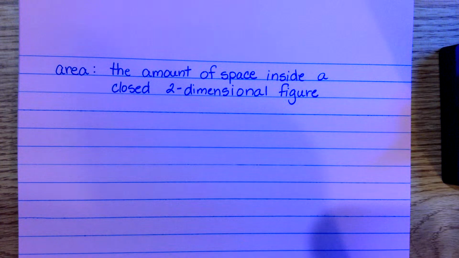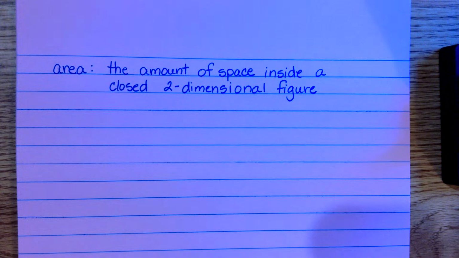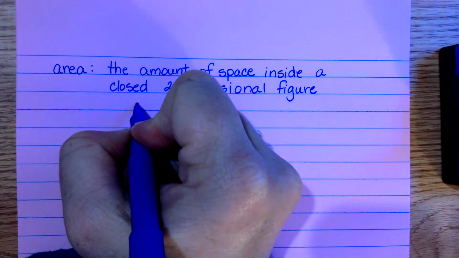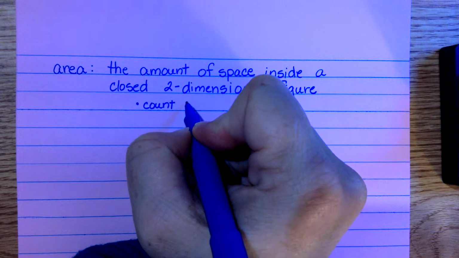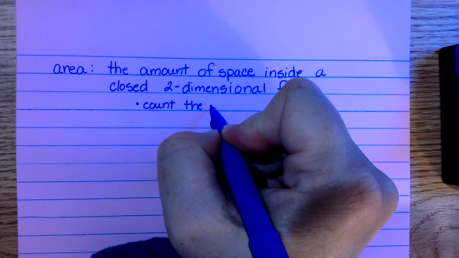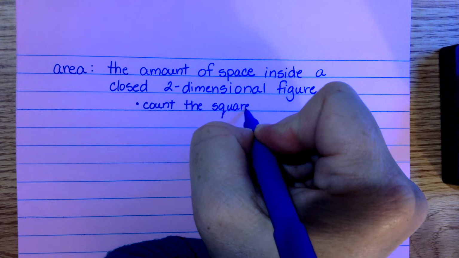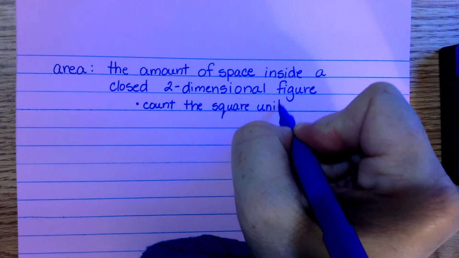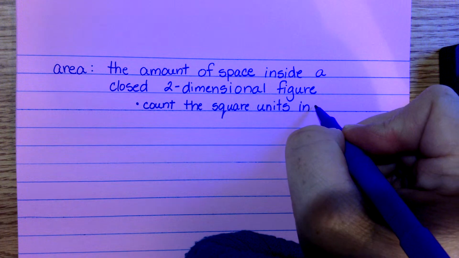When we are dealing with the area of a rectangle, there are two different ways that you can find the area. The first one is to count the number of units, and they're called square units, inside the figure.